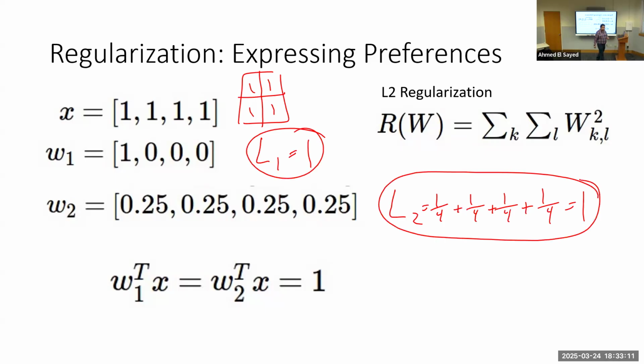Which one is better? W1 or W2? To solve this problem, they said I need to introduce one extra term to my loss function. I will call it the regularization term.